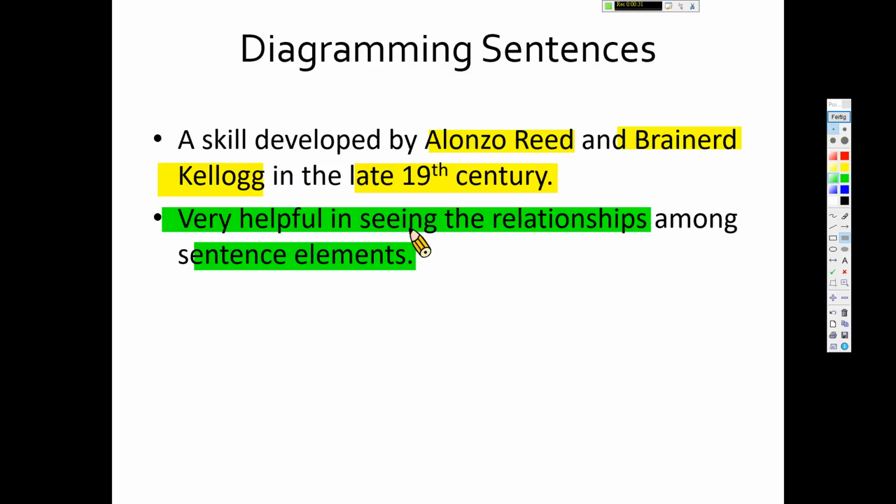I remember the first time I came into contact with sentence diagramming was when I was in college. I went to a second-hand bookstore, a used bookstore, and just browsed the titles. I found a book called Sentence Diagramming.